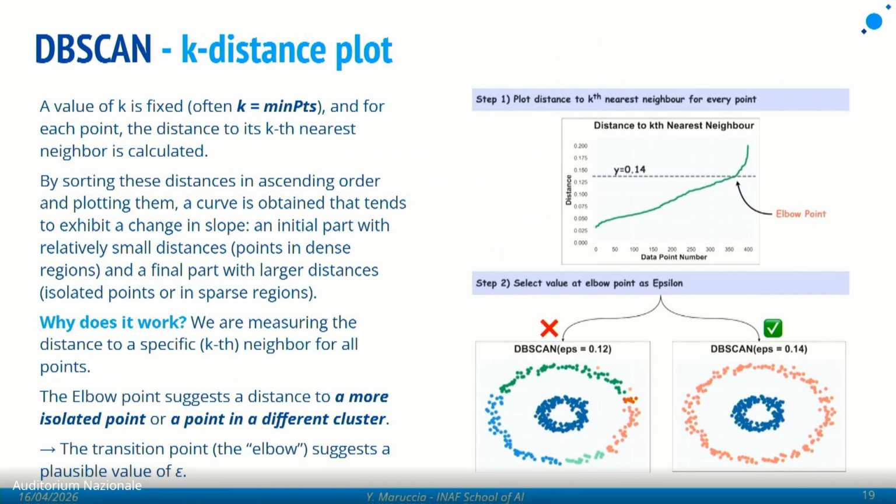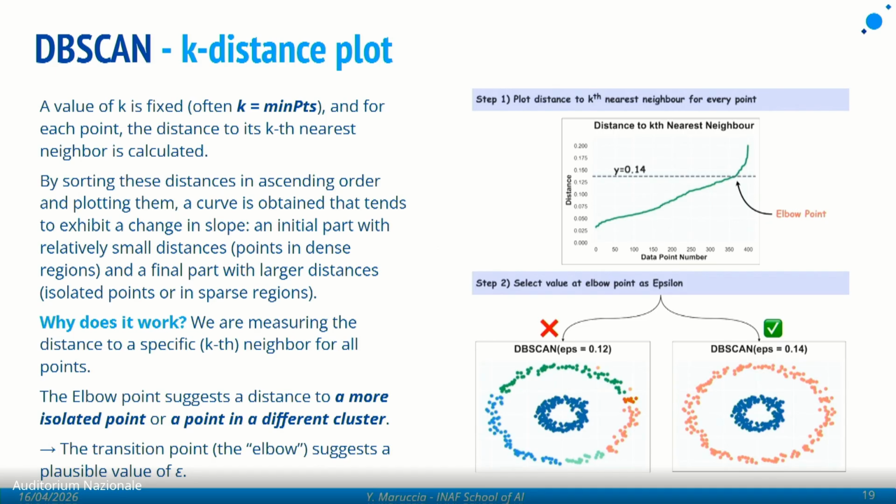The k-distance plot is similar to the elbow method that we have seen this morning for the k-means, because we have the distance on the y-axis, that is the distance of each point to its nearest neighbors.